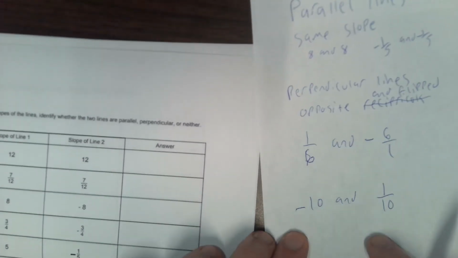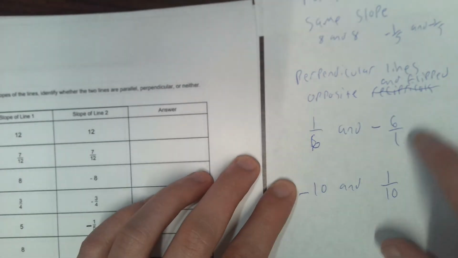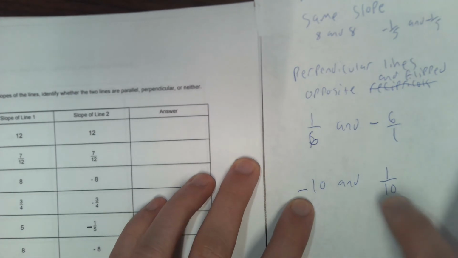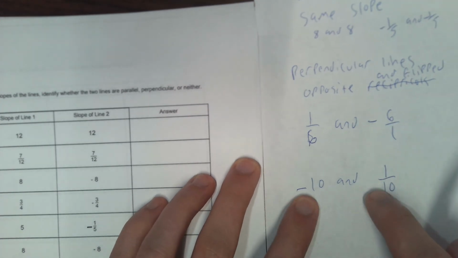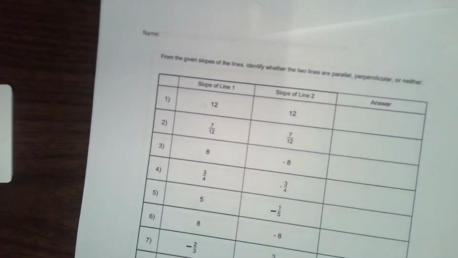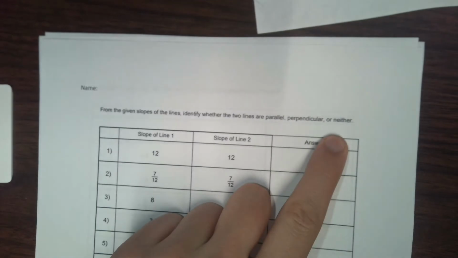One's positive, one's negative, and they're flipped from each other. They're reciprocals. 1 over 6 becomes 6 over 1. A whole number becomes 1 over that whole number, and then the sign changes. And if it's neither, then it doesn't follow either of those rules.